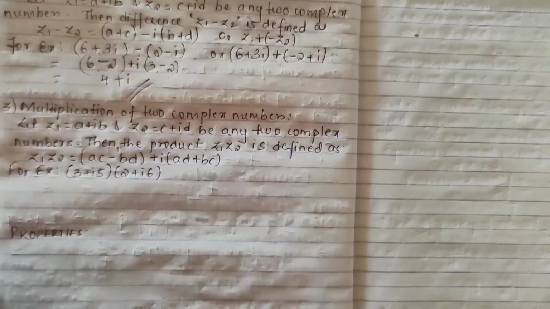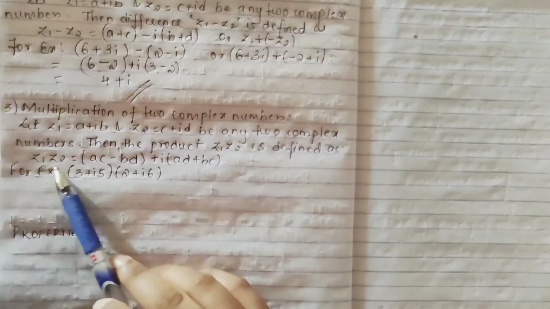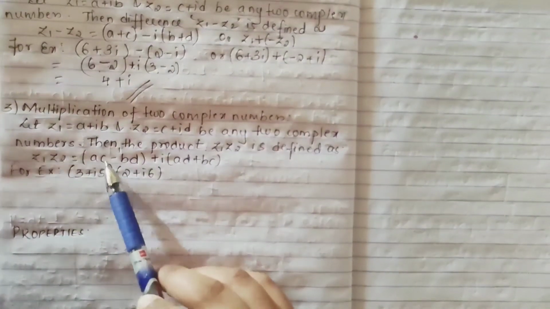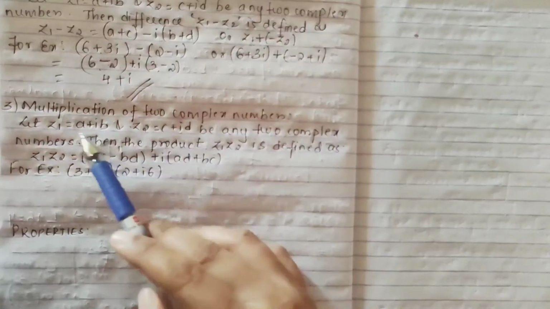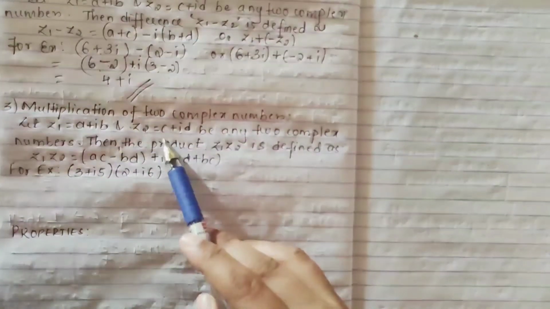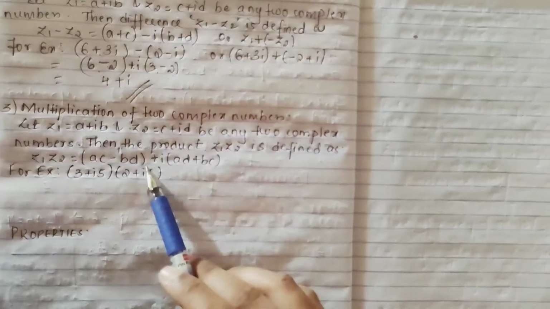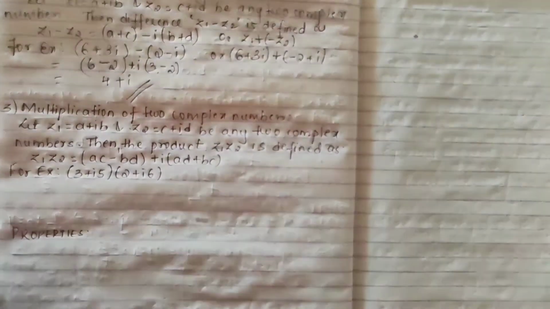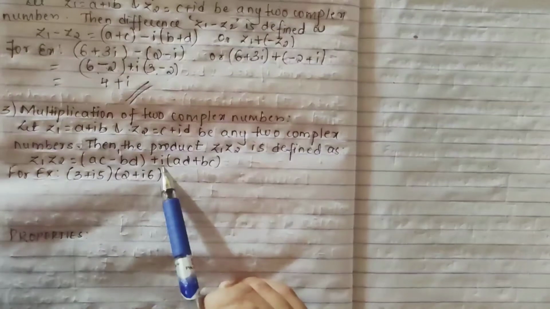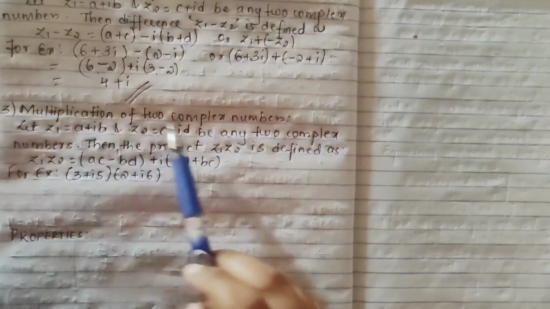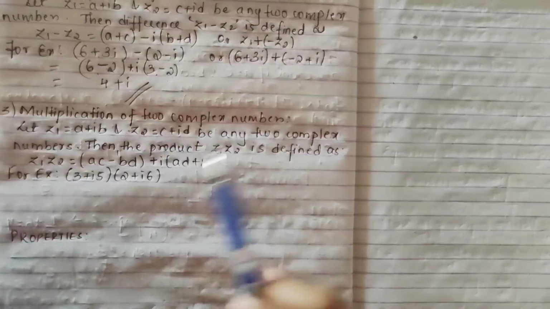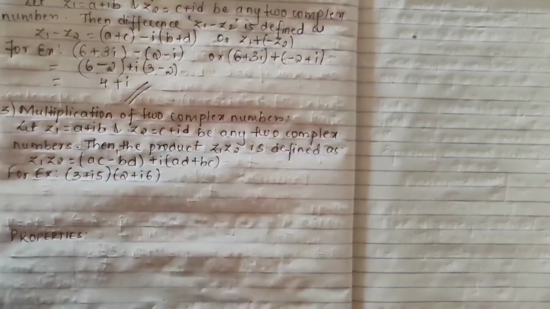It is defined as z1 into z2 is equal to ac minus bd, a into c minus b into d, okay. Again plus imaginary, this was your real part first, plus i times (a into d plus b into c). Like this you have to do it.